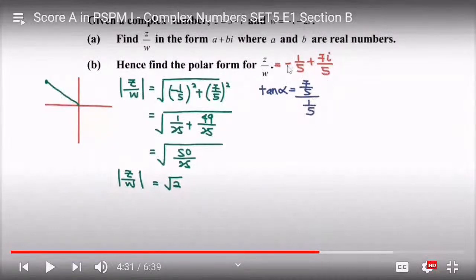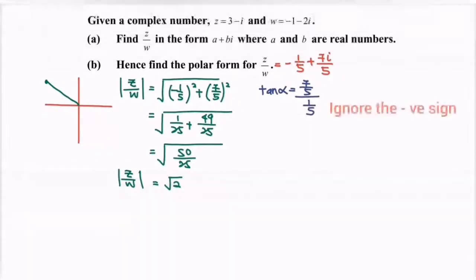Negative, saya tak ambil. Ignore the sign of negative. So tangent alpha is equals to 7. By using the calculator, find the basic angle where we have the alpha is equals to 81.87 basic angle.